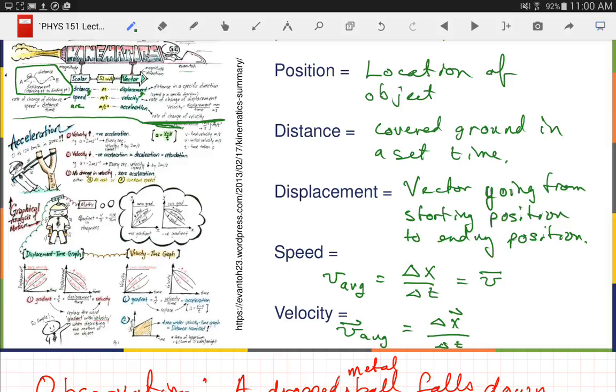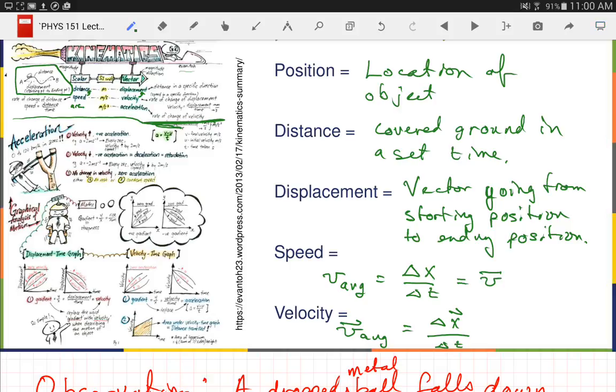Because in an incredibly small amount of time, no matter what path you're taking, it's going to look like a straight line. So the instantaneous velocity has the instantaneous speed plus direction. Instantaneous velocity and instantaneous speed have the same magnitudes. It's just that the velocity has the direction.